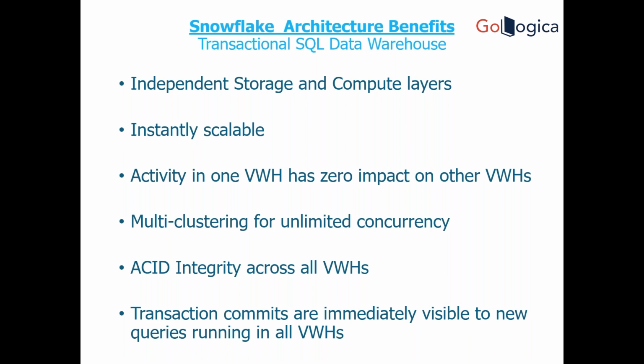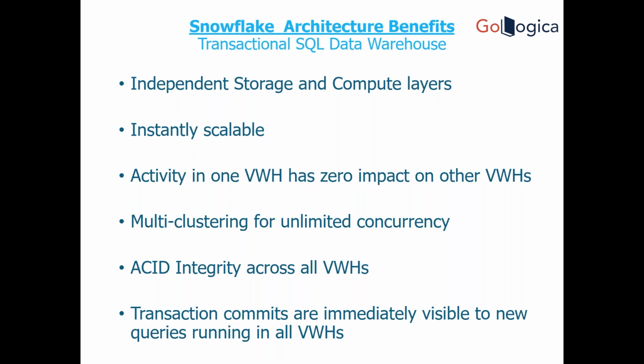So what are the benefits of Snowflake when we are talking about these things? Independent storage and compute layers is one of the benefits here. That is why we have great performance, parallel computing, shared and not shared, so both, a hybrid kind of thing.